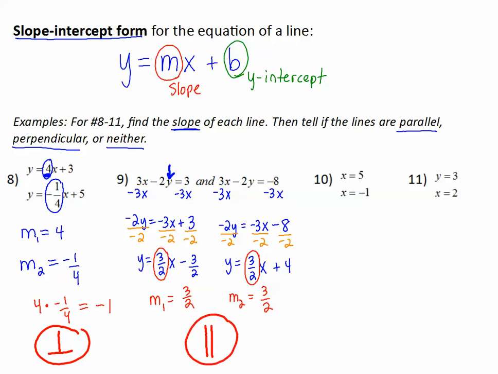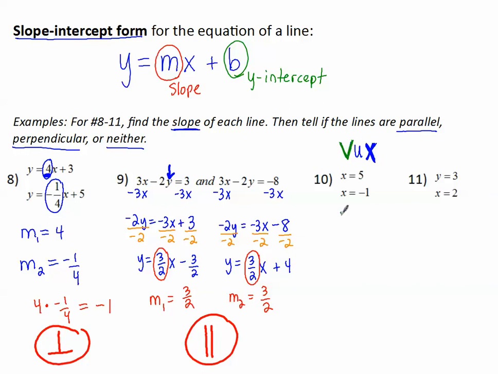Let's look at another one. This doesn't say y equals mx plus b style, and it doesn't even have a y in it. It's x equals a number, and x equals a number. Remember earlier we talked about when it's x equals, that's our VUX situation. And what does the V in VUX mean? The V means vertical.